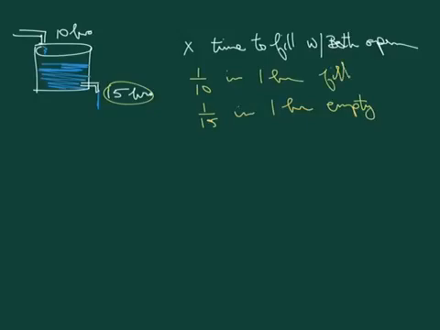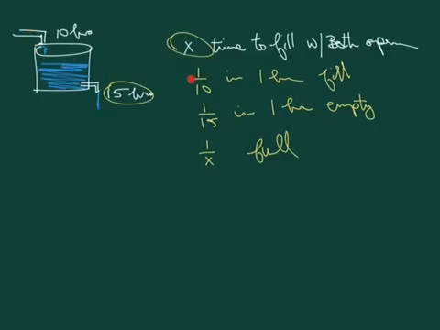All right, if it takes X hours to fill the tank with both pipes open, then in 1 hour, it would be 1 over X full. Does that make sense? 10 hours to fill it.